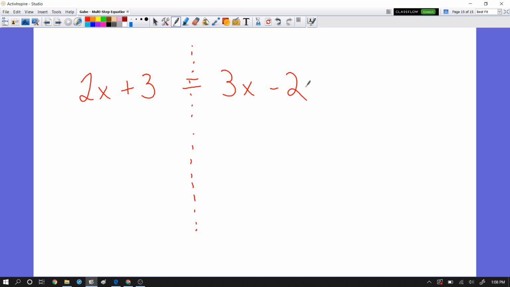The advice that I typically give when solving an equation with variables on both sides is start with the side that has the lowest value of variable. Like, for example, which one's bigger, 3x or 2x? 2x. Yeah, hey, good job. So how are you going to get rid of 2x? You're going to subtract 2x.